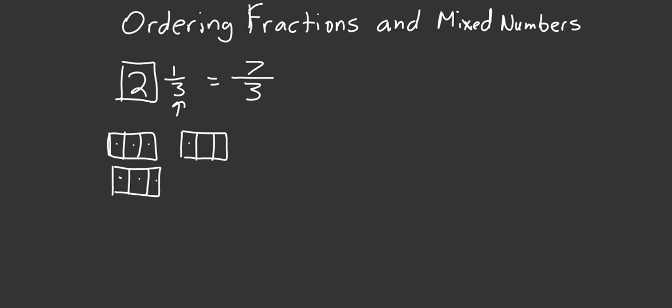And my denominator stays the same at 3, because it's the size of the boxes. To figure those out, essentially what you would do is multiply 2 times 3, which gives me 6, add 1, which gives me 7, and so I would end up with 7/3. So you multiply your denominator and your integer, and then add the numerator of your leftover fraction.